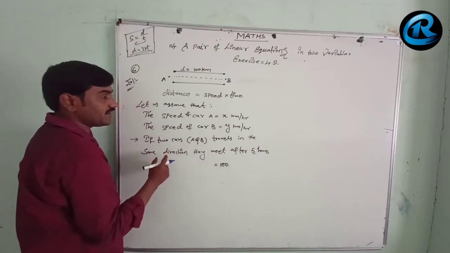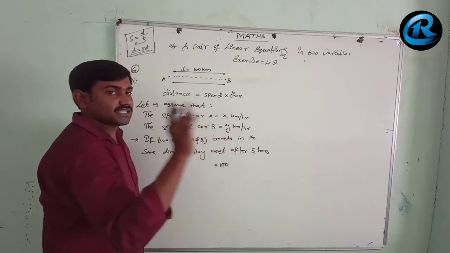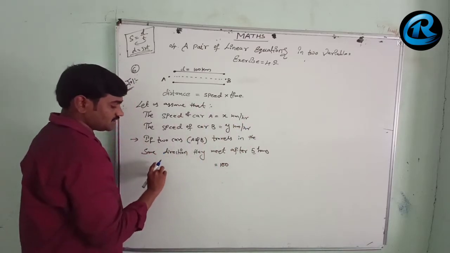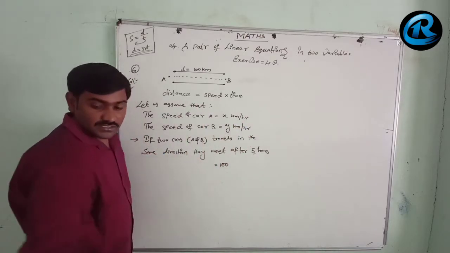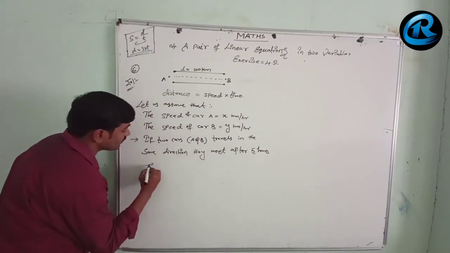So the distance covered by the first car minus the distance covered by the second car, we have to do it. I will write here clearly.